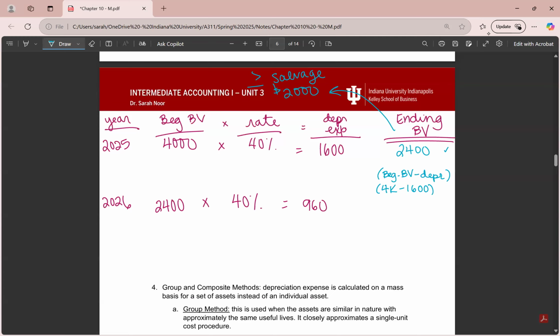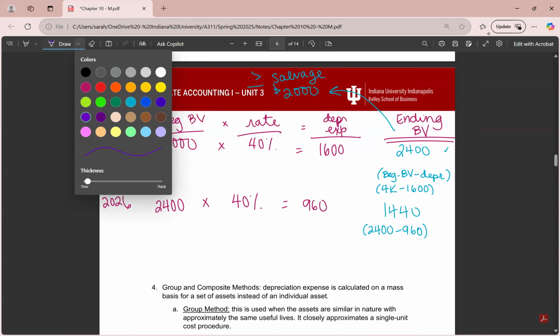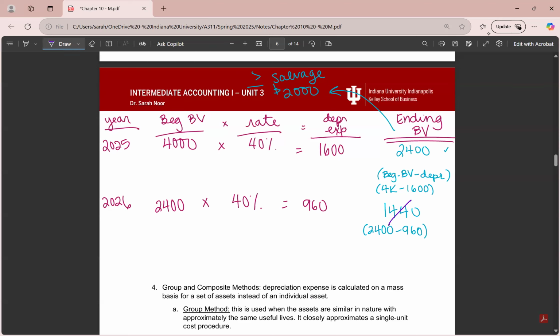If we did, then our ending book balance would be 2,400, the beginning, minus the 960 of depreciation, which would give us 1,440. The problem here is that 1,440 is less than 2,000, so we are not allowed to do this. Nope. This is less than salvage, and that is not allowed.